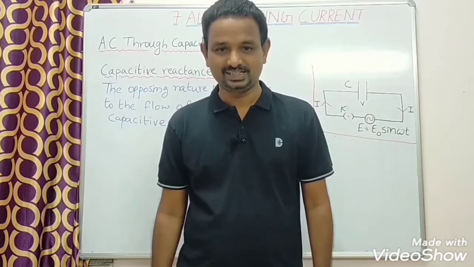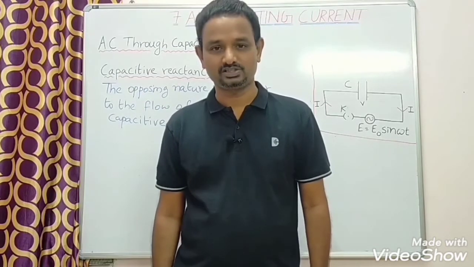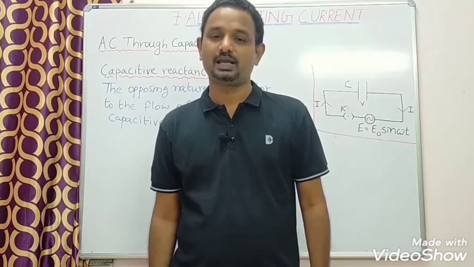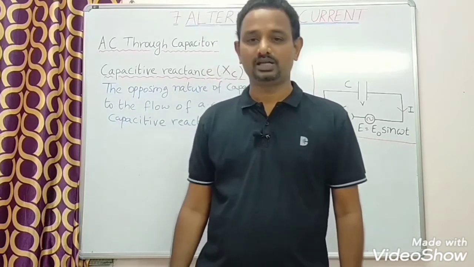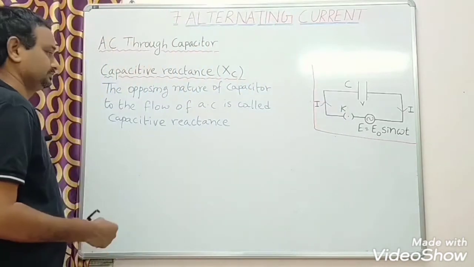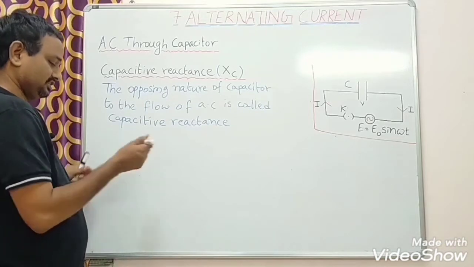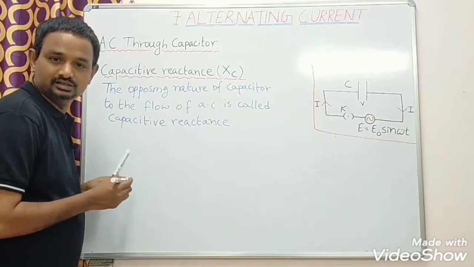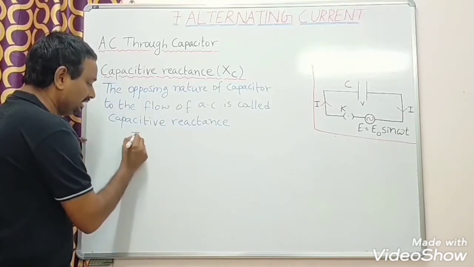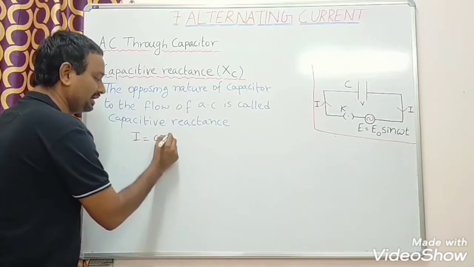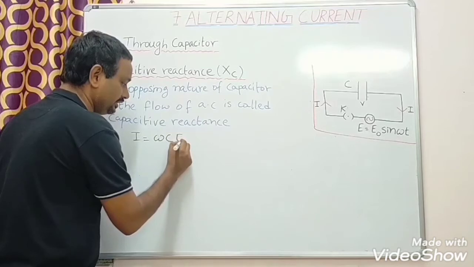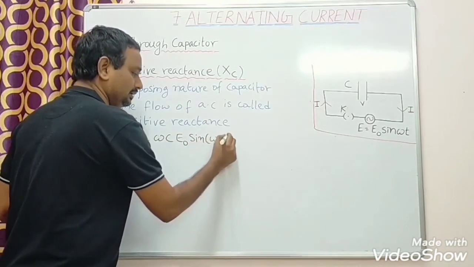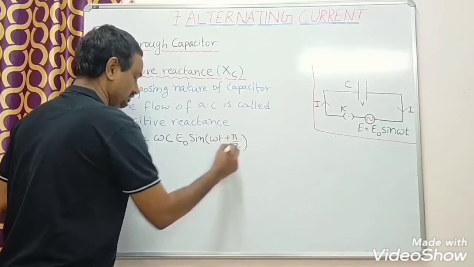Now capacitive reactance. The opposing nature of a capacitor to the flow of AC is called capacitive reactance. Look at here. See, in AC through capacitor, we got I equal to omega C E naught sin omega t plus pi by 2.